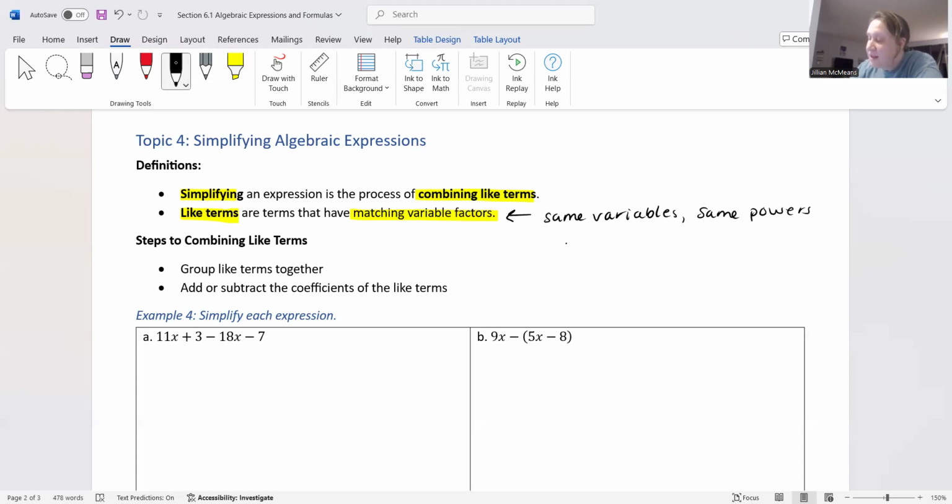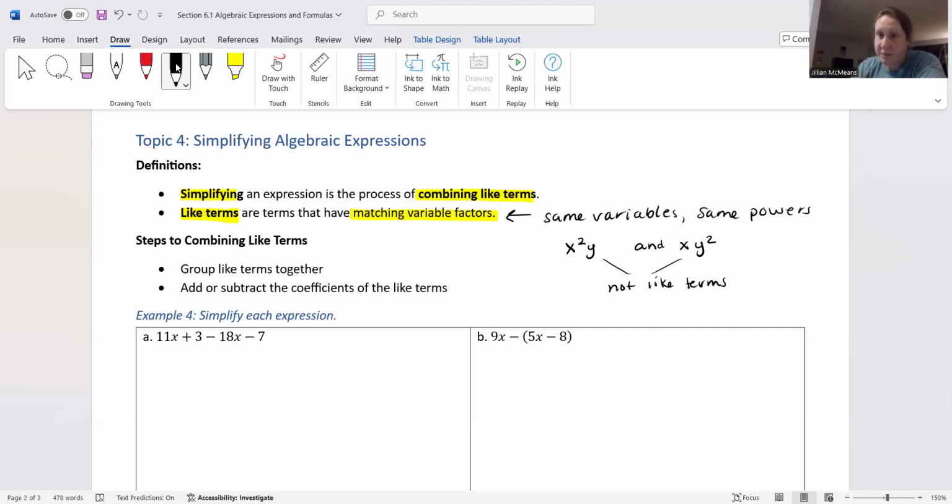So anyway, let's say you have x squared y, and you have x y squared. Technically, you have the same variables and you have the same powers, but these are not like terms, okay? These are not like terms because the exponents are on the wrong variables.